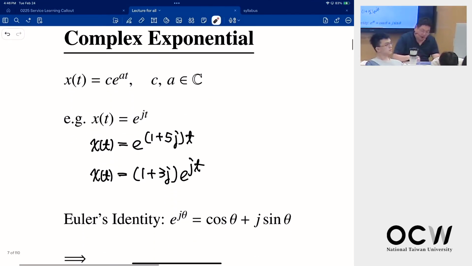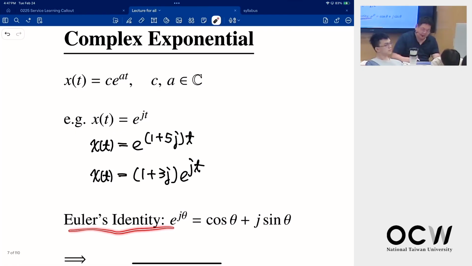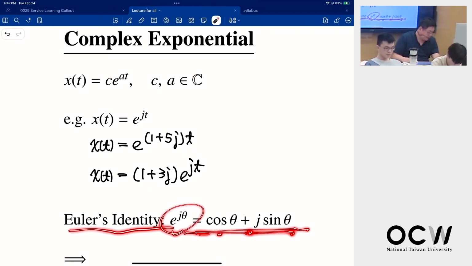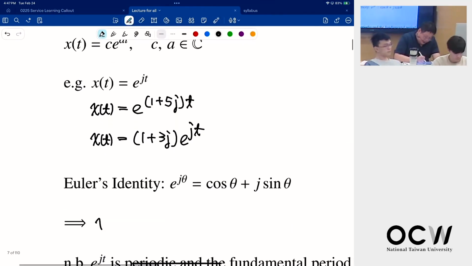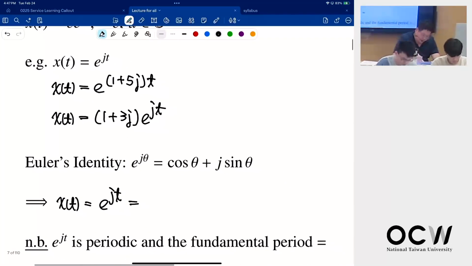Then we can use Euler's identity: e to the j theta equals cosine theta plus j sine theta. Using the Euler formula, for example e to the jt, we can divide it into two parts: the real part, cosine t, and the imaginary part, j sine t.